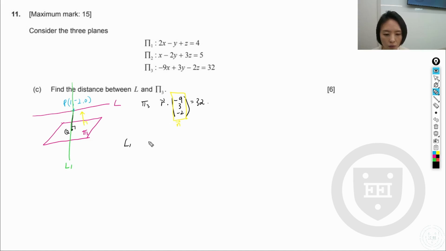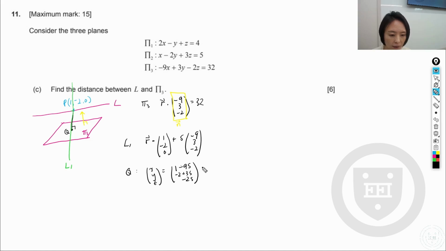Then L1 will be r equal to (1, negative 2, 0) plus s times (negative 9, 3, negative 2). Then Q will be (x, y, z) equal to (1 minus 9s, negative 2 plus 3s, negative 2s).